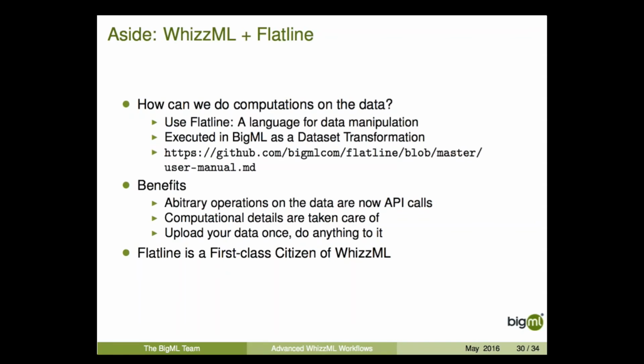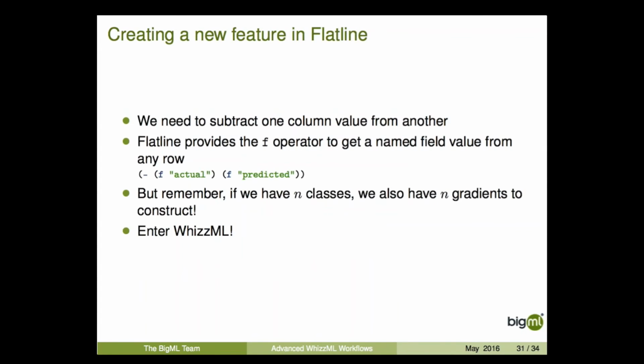And the nice thing about this, again, is that instead of doing data transformation on your end inside of your machine where you have these things to worry about like scale and parallelism and so on and so forth, you can do any sort of transformation on your data in the cloud using our computers instead of yours. And so we want to create new features for our data set in Flatline.